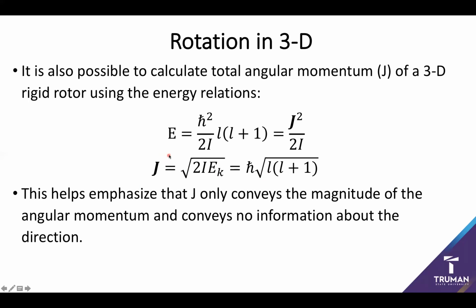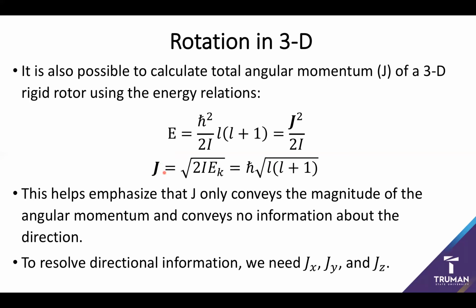It conveys no information about direction. So I don't know whether I'm going forwards, backwards, up, down, side to side. I know nothing. However, I do have a general feel as to how fast, so I do actually have some information about total speed.